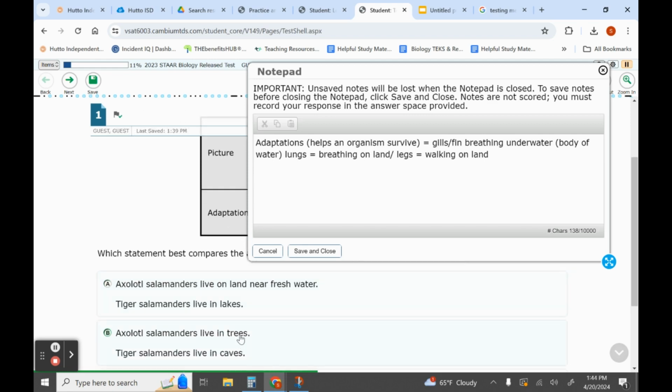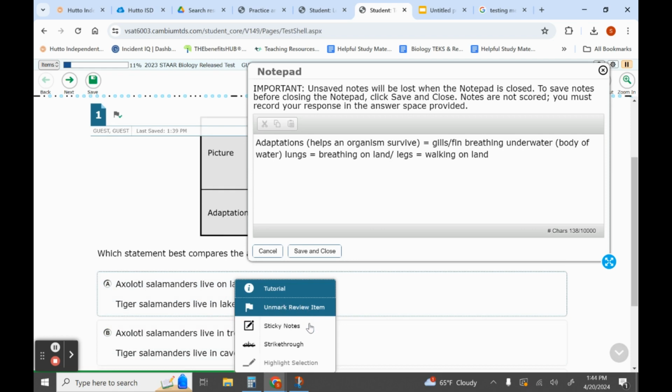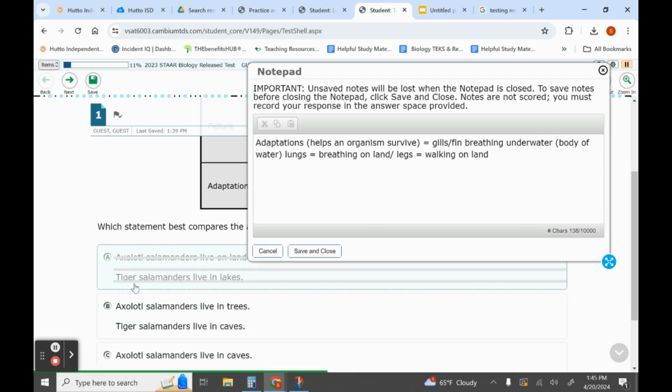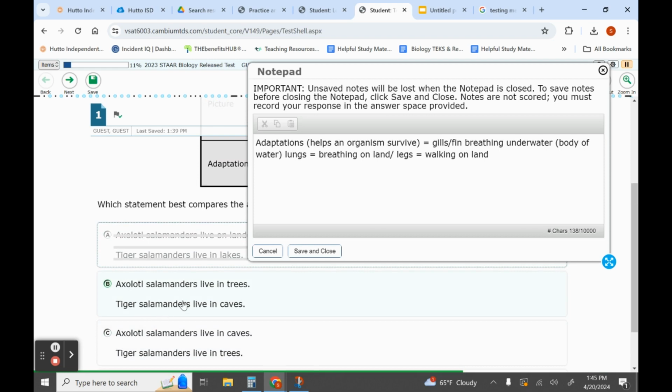So I'm going to go ahead and cross this out, because if I right click on this, it gives me the option that I can strike through. And then same thing here. This one says axolotl salamanders live in trees and the tiger salamanders live in caves. Again, the tiger salamanders, that could be a true statement.